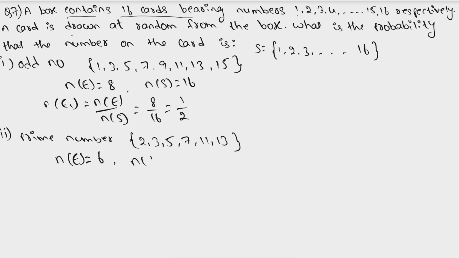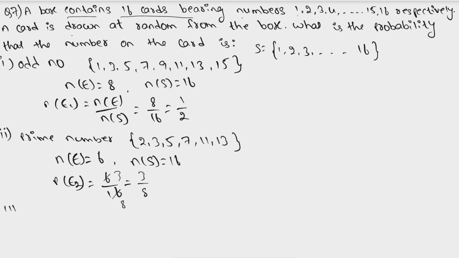And our n of S remains the same, which is 16. Now the probability of the second event is 6 by 16, which can be simplified, 2 threes are 6 and 2 eights are 16, which is equal to 3 by 8. This is our second probability, of getting a prime number.